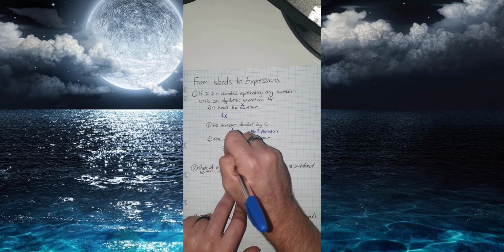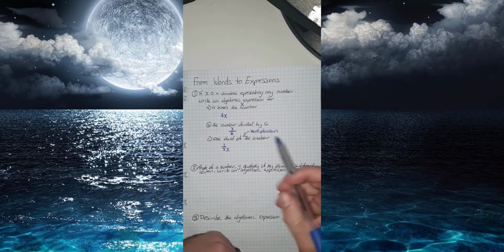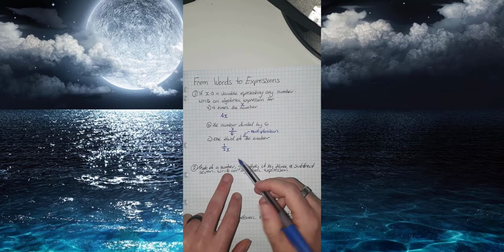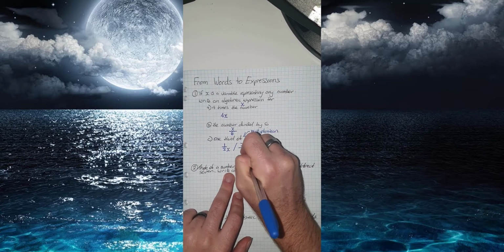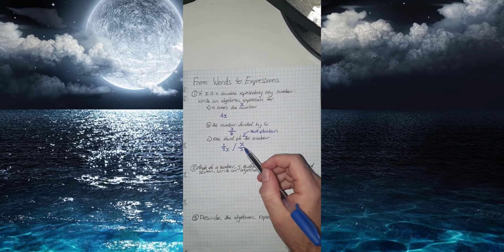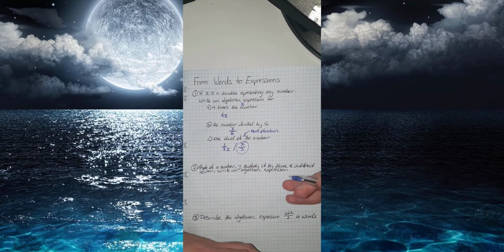So the number in this case is x, okay, because we don't know what the number is. So 1/3 x, like so. Now the other way we can actually write this is x over 3, which essentially means the same thing. I would always probably opt for this one just because it looks a little bit neater.